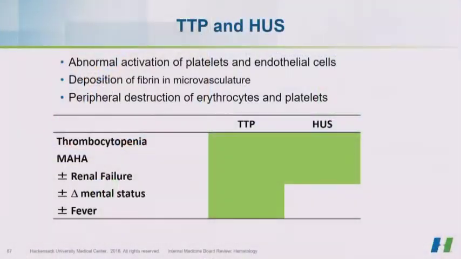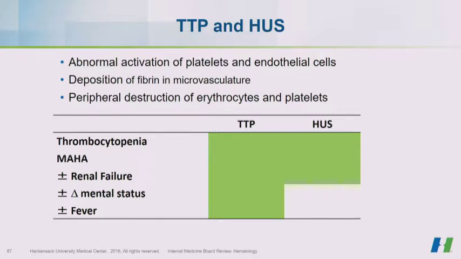TTP and HUS are important medical conditions. I mentioned them in other contexts before. It's always important to keep this in mind. You have abnormally activated platelets and endothelial surfaces, deposition of fibrin in the microvasculature, and the hemolytic process, destruction of red blood cells and platelets. HUS is typically a triad of thrombocytopenia, the manifestations of hemolytic anemia, the schistocytes, plus renal failure.